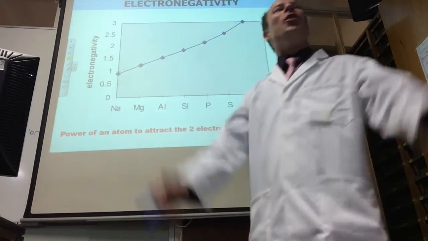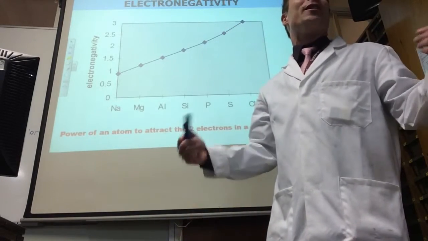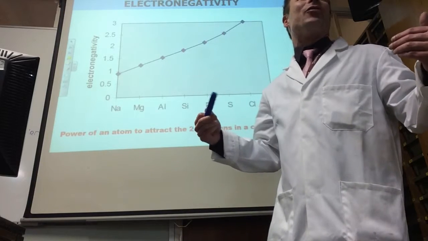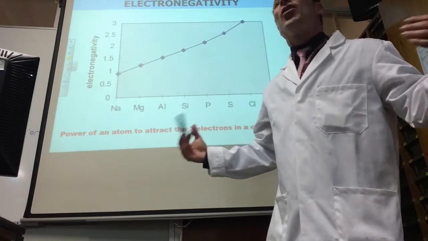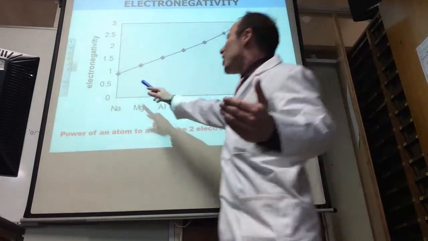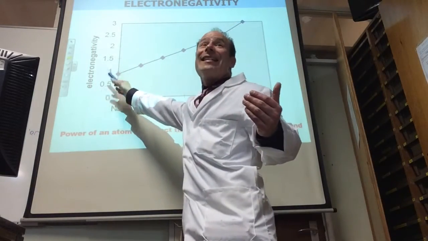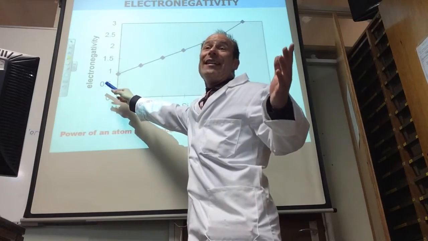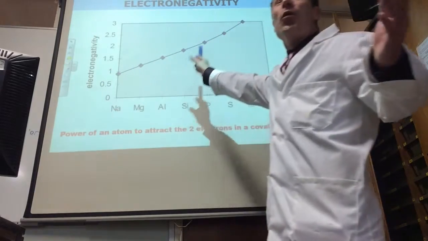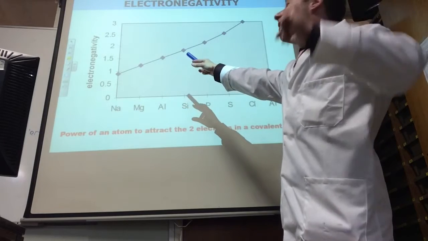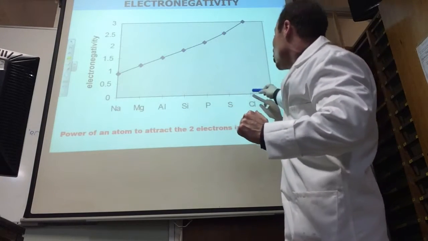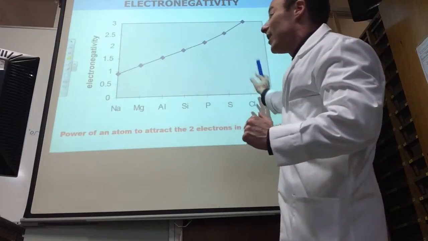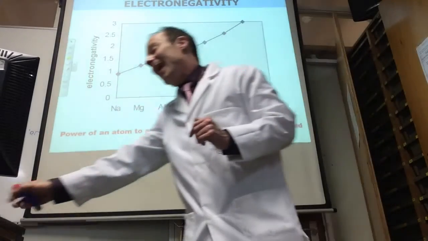Metals lose electrons, don't they? So you're not going to expect sodium to want to attract electrons towards it. Sodium wants to form Na+. He's not going to want to attract more electrons to it. He is the most reactive metal out of all of these, isn't he? So as I go across, chlorine in period 3 is the most electronegative atom.